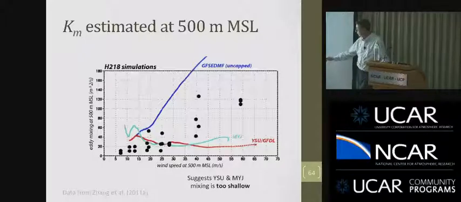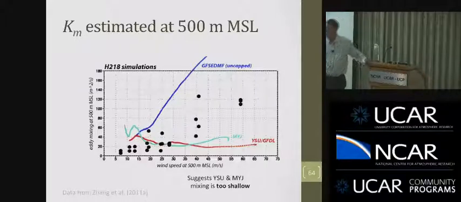Okay, when the wind speeds are like 55 or 60 meters per second, it's only producing 20 meters squared per second of mixing instead of something that is maybe 10 times that. Okay, the reason for that is because the eddy mixing in YSU and MYJ is not only smaller, it's concentrated closer to the sea surface. These are observations of 500 meters.